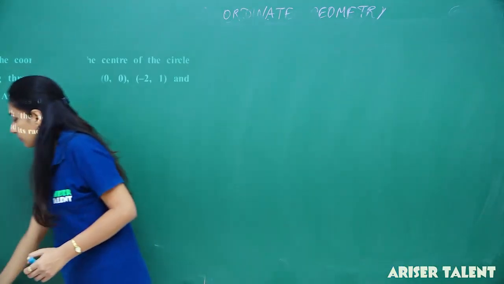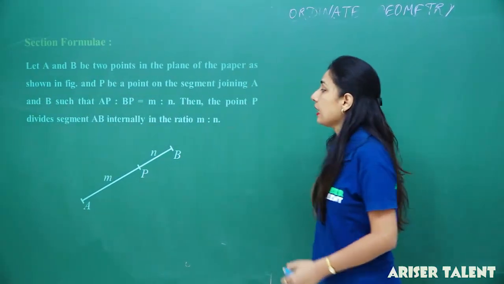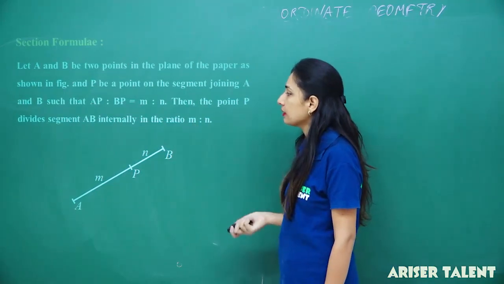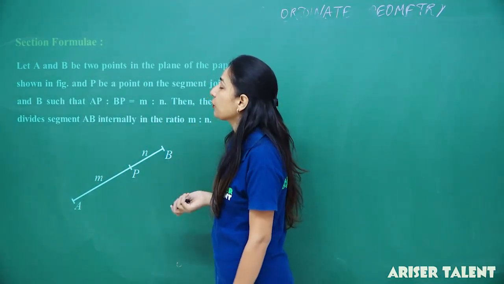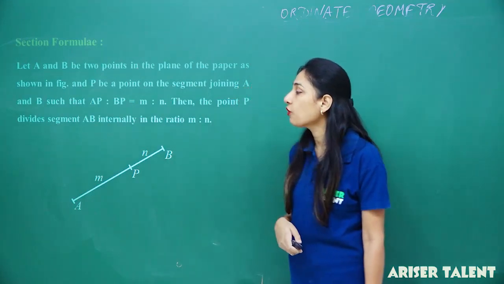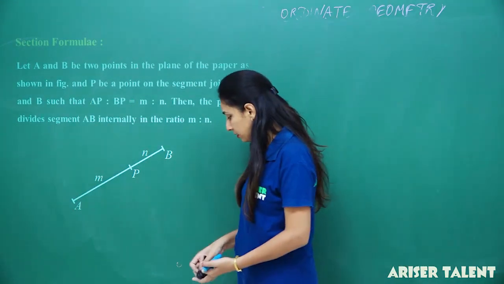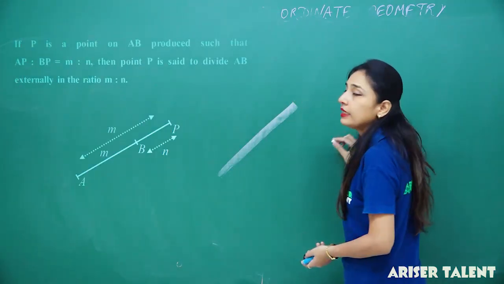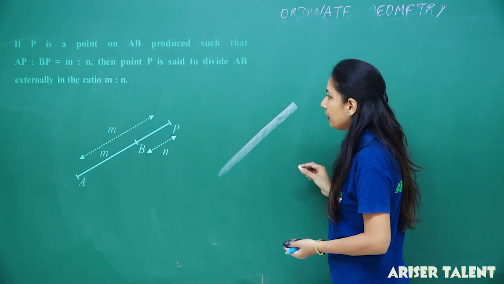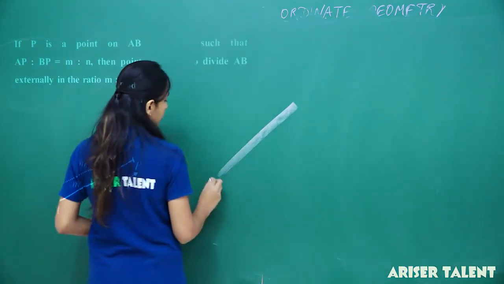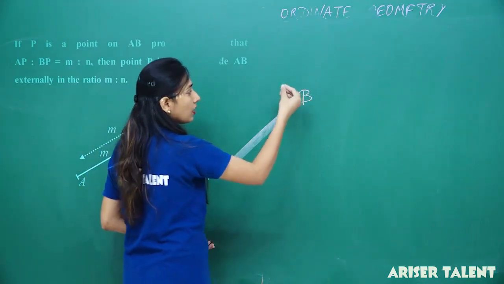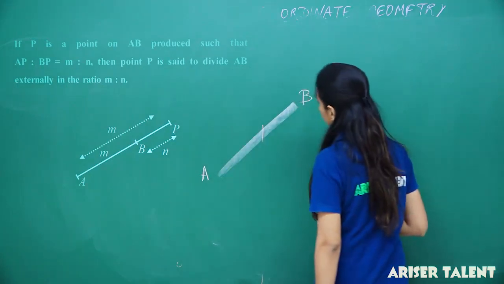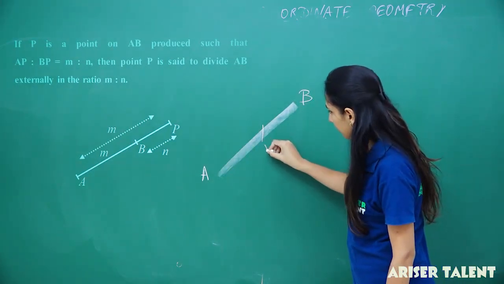The next thing is the section formula. Students, I am giving just an overview. We'll discuss it in the next lecture, but I am giving you an overview of what the section formula is. We will have a line, AB. Now there can be a point, let's suppose P, that can be here.